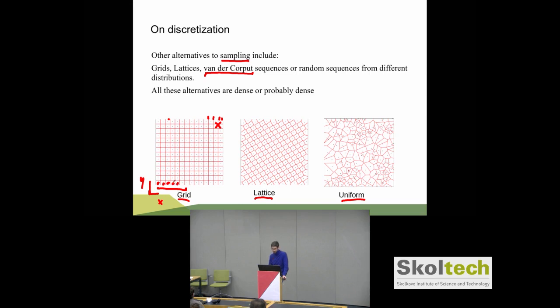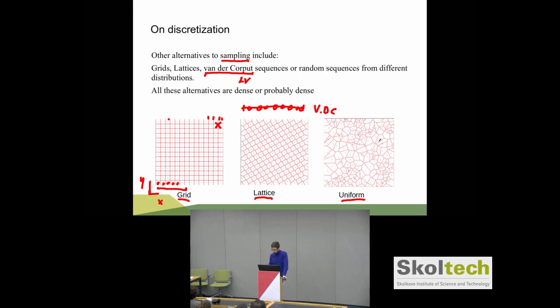This is not a very good representative of your configuration space, because the grid is ordered like this. Van der Corput will do something like this: you sample here, then here, then inside, and you do all these dissections of the segments. It's a systematic procedure, but at the end you also get a dense sequence. In LaValle's book, you will find more examples of van der Corput.